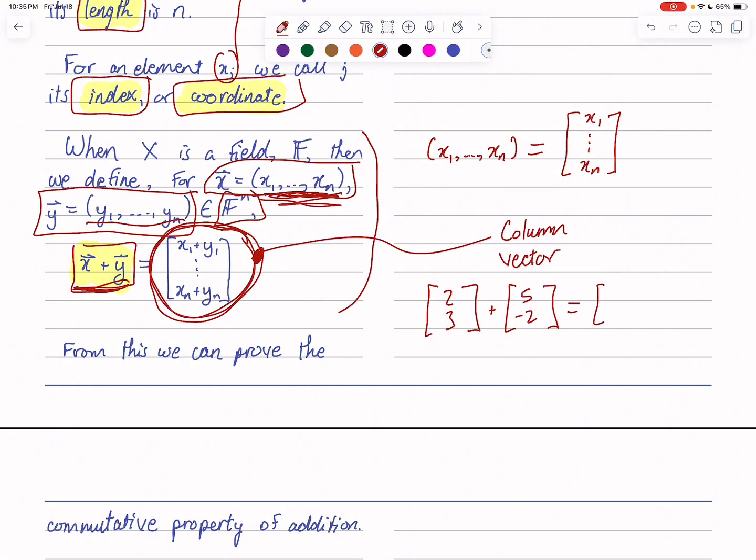Then we do it coordinate by coordinate, exactly what you would expect, right? In fact, I shouldn't belabor this point because we already said that a prerequisite is that you've seen an earlier course in linear algebra. So of course, we're all familiar with this. Anyway, that's the definition of what it means when we add two lists of field elements, as long as they have the same dimension, which is to say length.